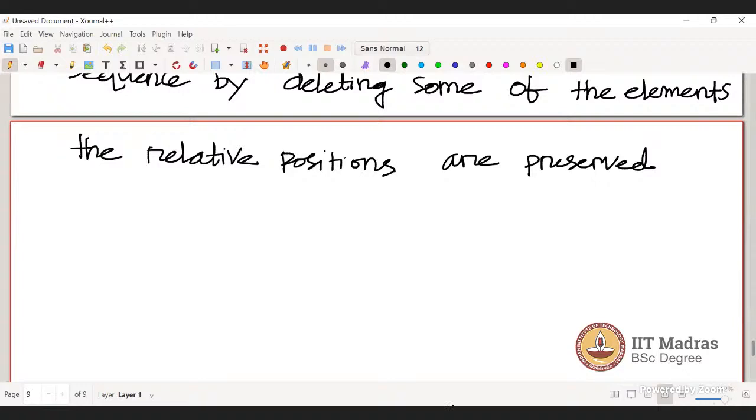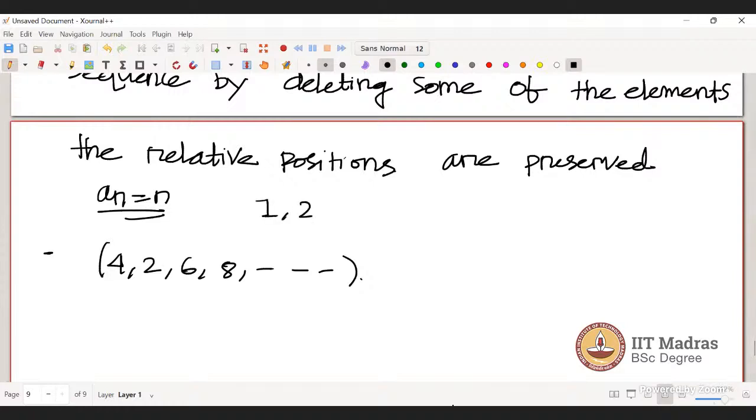Suppose the next question is, can I say that 4, 2, 6, 8 is a subsequence of this sequence? No, it's disturbing the order. Because as you can see in the original sequence, 1, 2, 3, 4, 5, 4 appears after 2.